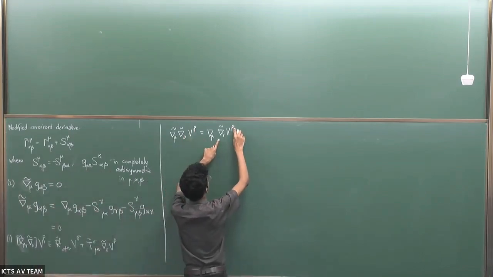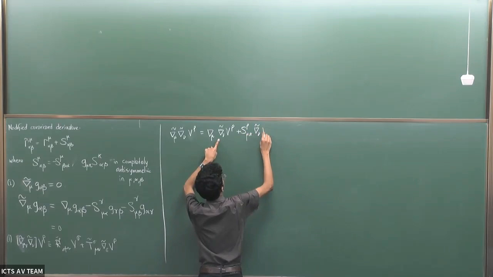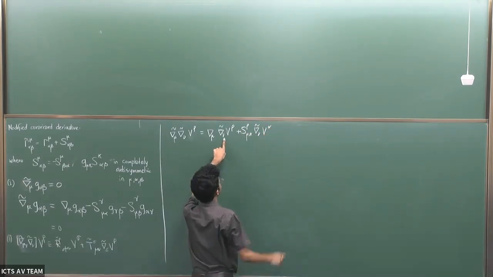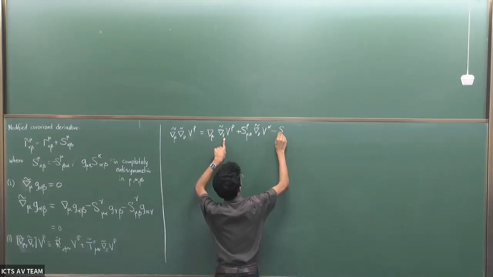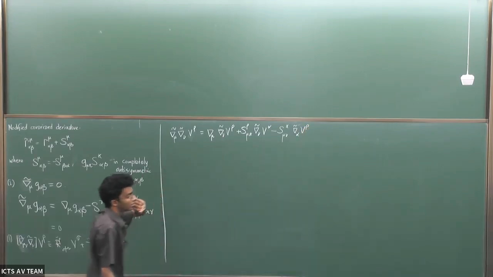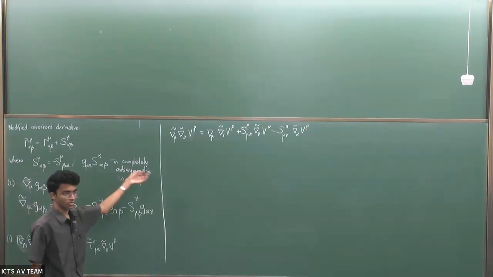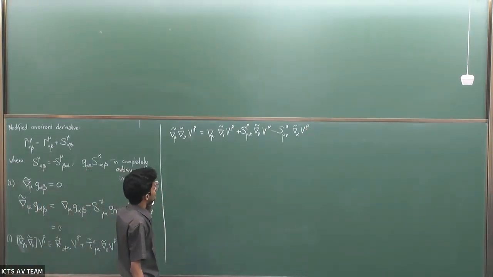First, let me do it on the rho. On the rho you have an additional S rho mu alpha V alpha. And then on a lower index, remember that covariant derivatives act with a minus sign, so minus S mu nu alpha del alpha tilde. Does it make sense? I'm doing this very quickly. I'm not going into partial derivatives and any gammas, because that's not relevant to the problem. You can work at the level of the S's, and that's what I'm doing here. If it confuses you, let me know.